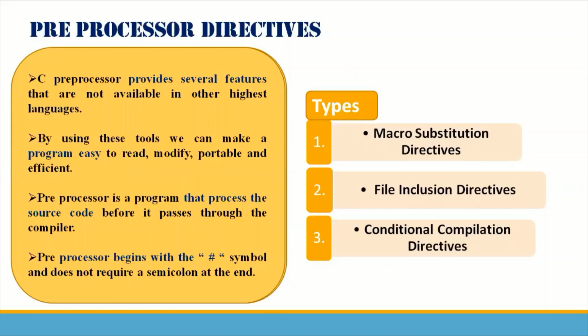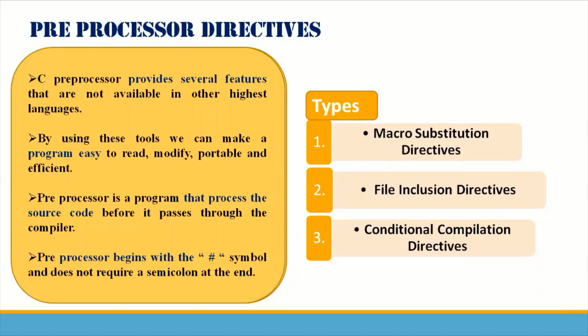Before compiling, before converting this program from high-level into low-level, the preprocessor directive takes responsibility to process that particular program. Generally, a preprocessor directive begins with a special symbol called the hash symbol. It does not require any semicolon or any assignment operator in that statement.